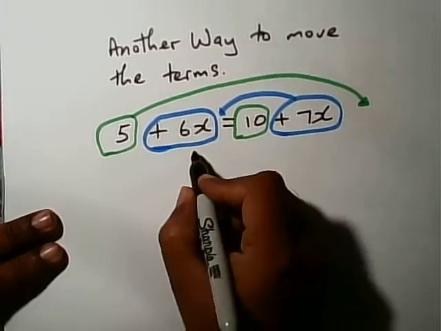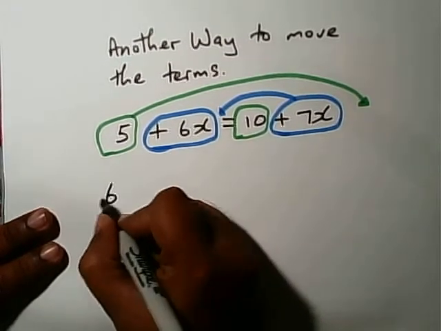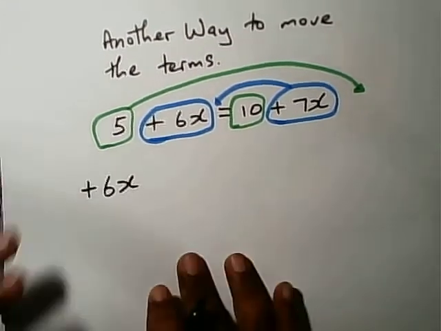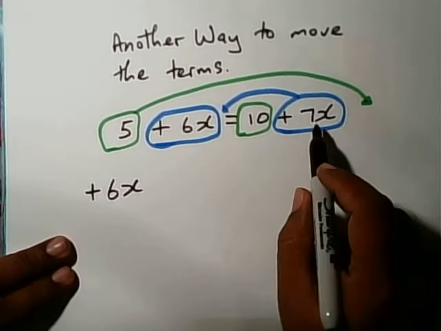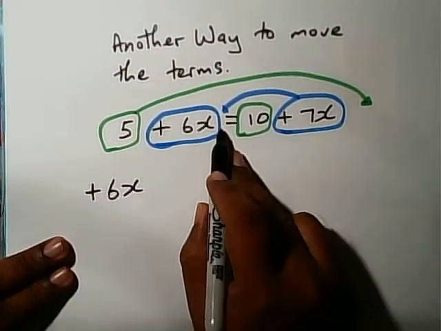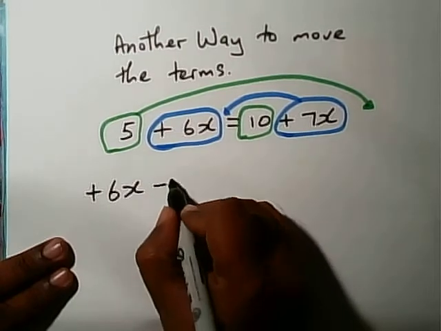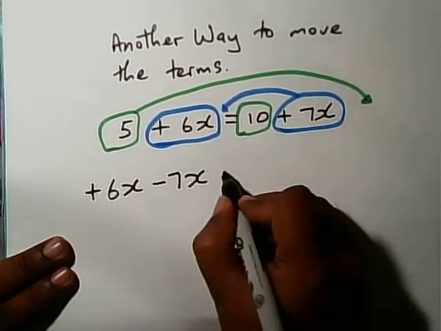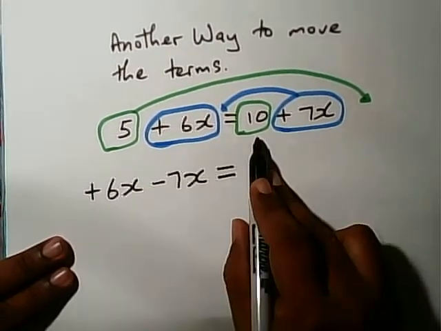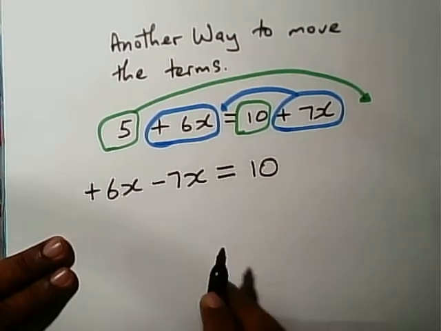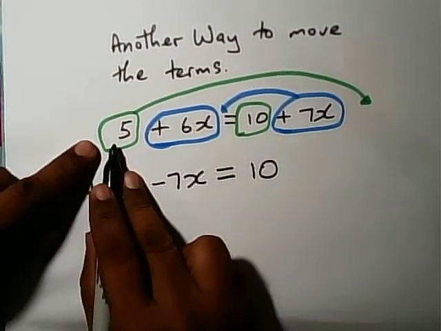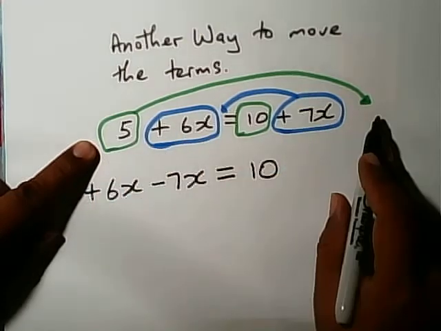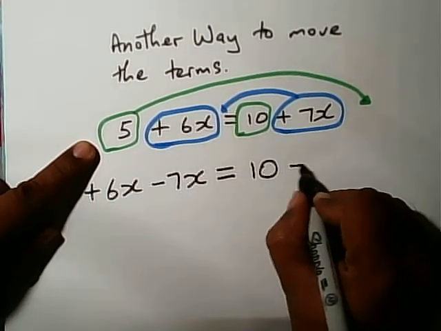So now we have a plus 6x, and the 7x comes here now as a minus 7x. Bring down the equal sign. The 10 never moved. The 10 is still there. The positive 5 has now moved to the back, and now it's a minus 5.